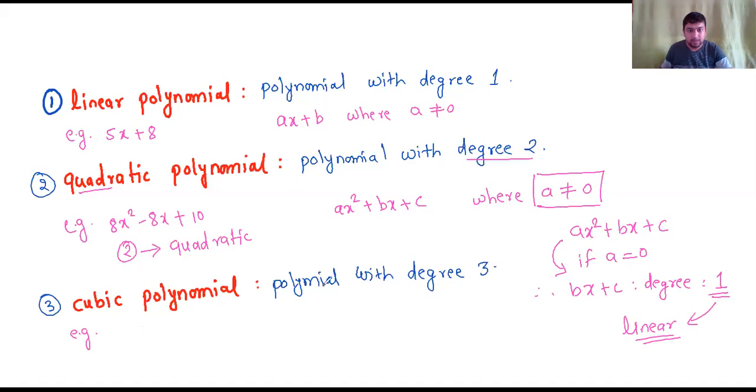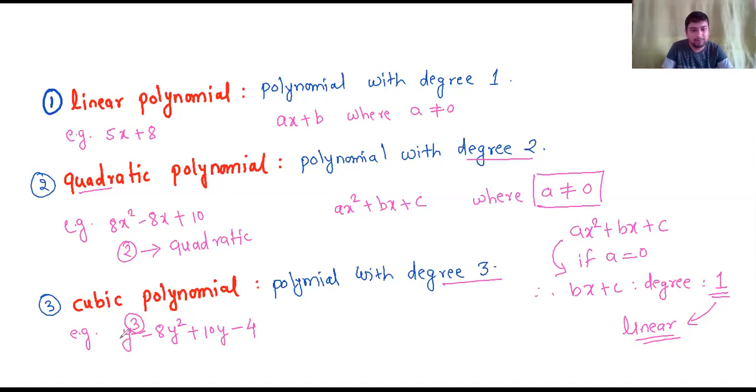Next, cubic polynomial. So it is a polynomial with degree 3. So can you write an expression for it? y cube, let's say, minus 8y square plus 10y minus 4. Okay, so what will be the degree of this polynomial? It is 3. Highest power of variable.